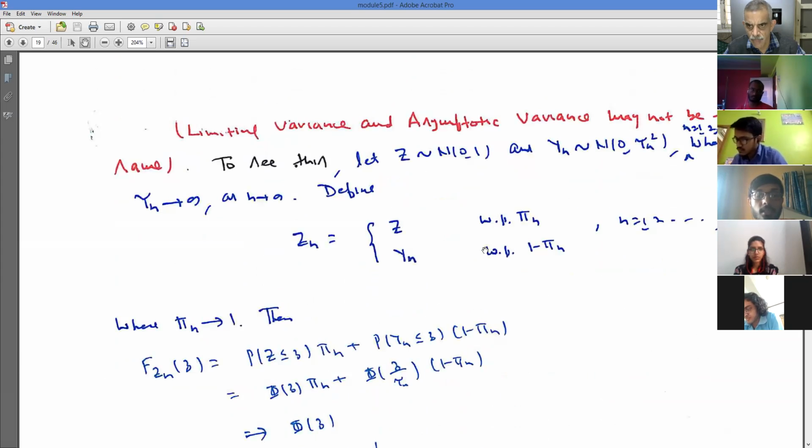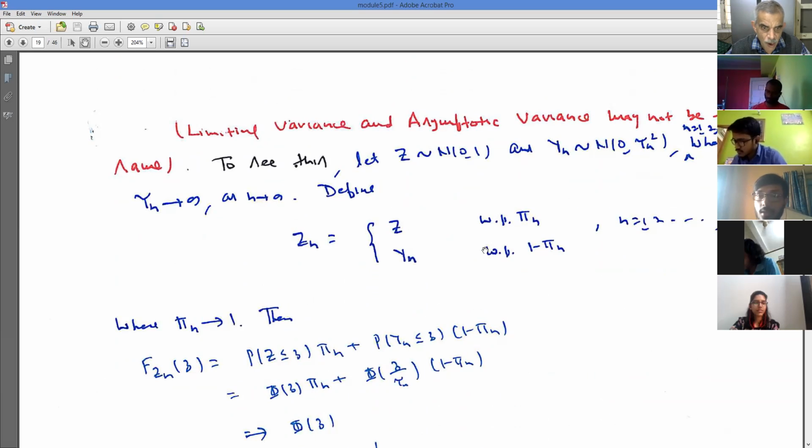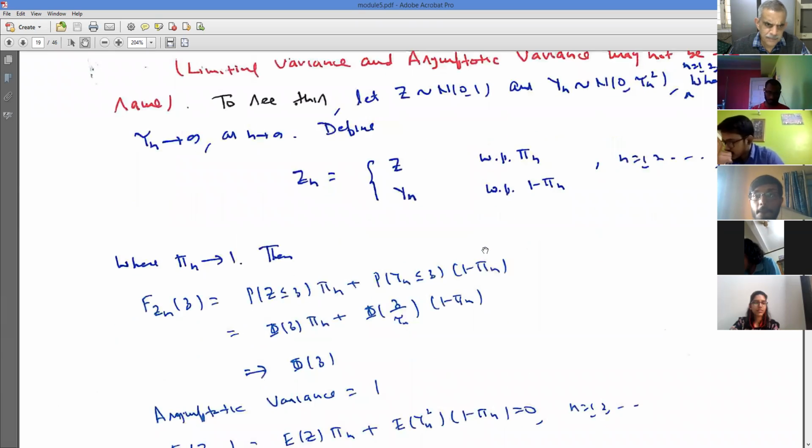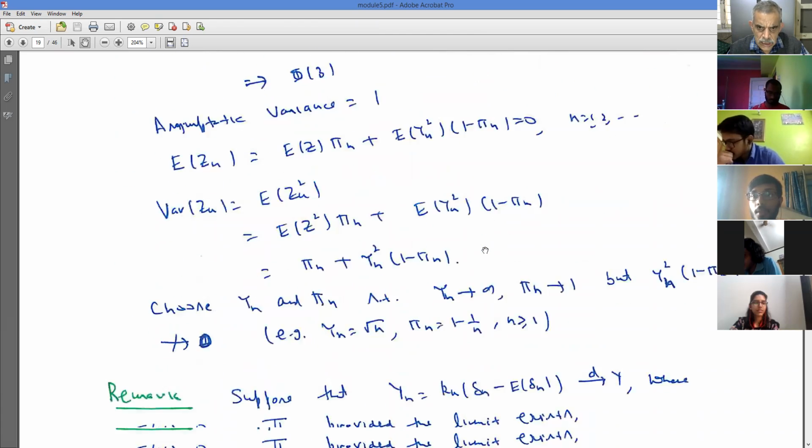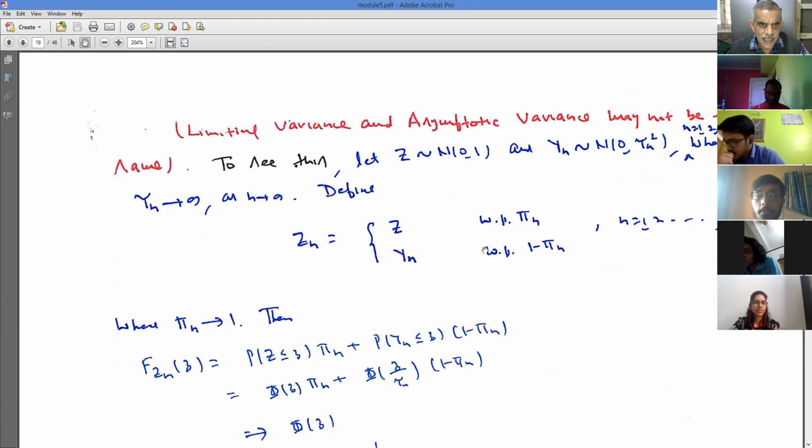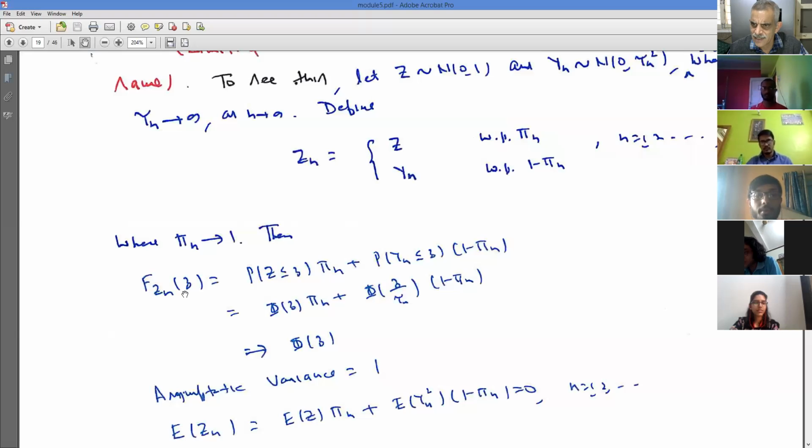So in this example, what is the delta n, what is k n and what is g theta? Delta n is Zn only. Yes, sir, I am showing the distribution of Zn. Zn goes to phi z. Right. What is k n? K n is 1. But sir, as n tends to infinity, k n has to be infinity to define limiting risk.